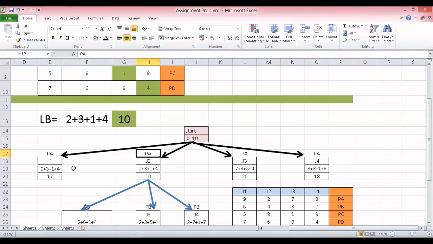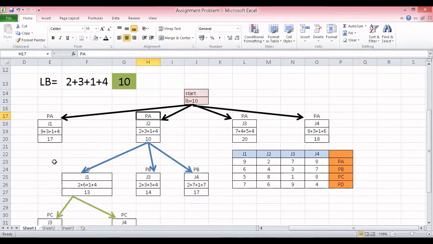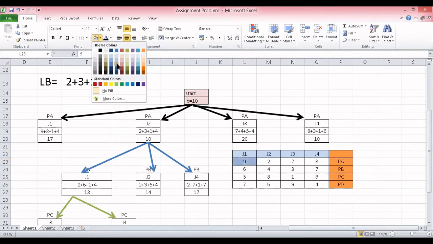Now, just observe carefully, when I am assigning job 1 to person 1, how did I get the value as 17? Look into this table. I will highlight this with a color. You will ask why. I'll tell you.